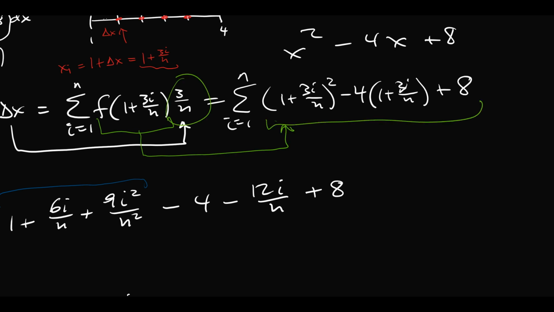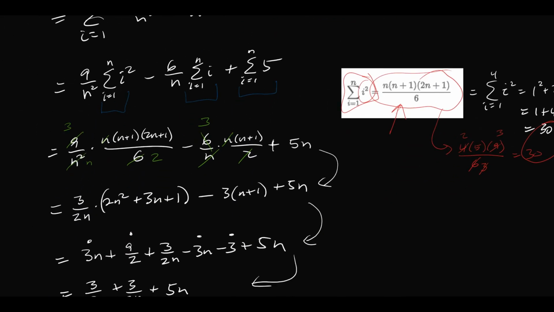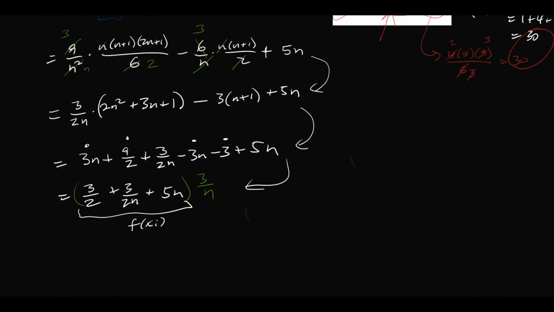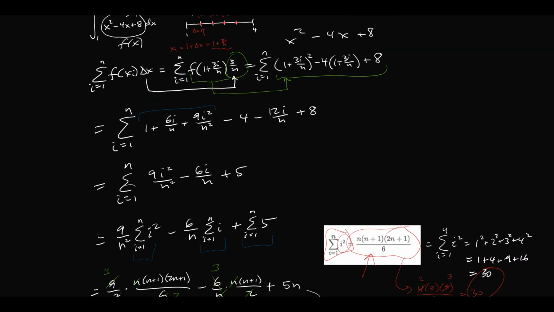But this 3 over n never came with it. So what I'm going to do is multiply by 3 over n down here. So all this is going to be multiplied by 3 over n. All right. So now what we get is 9 over 2n plus 9 over 2n squared plus 15. The n's cancel on the last one. And now we apply that limit.